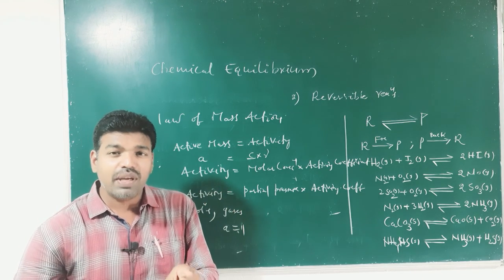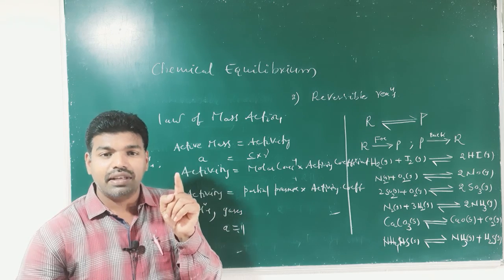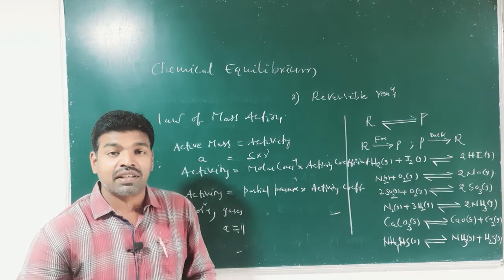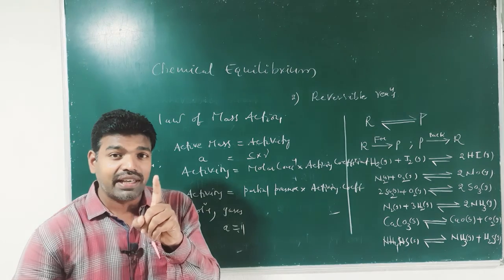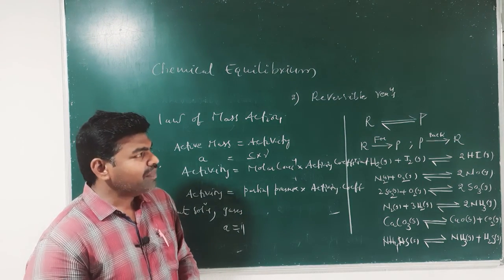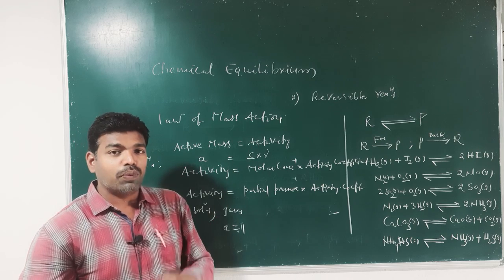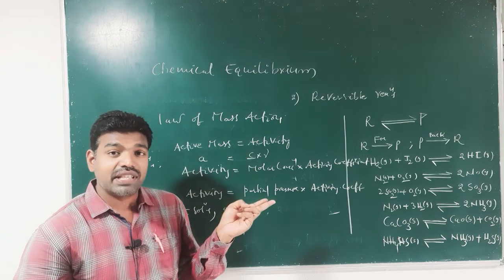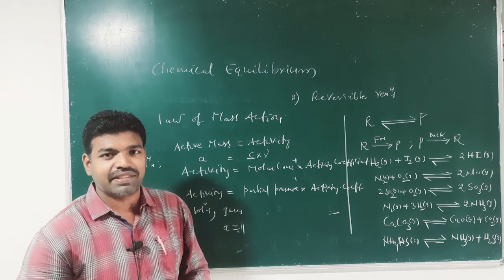So, if you want to establish an equilibrium in a reversible reaction, you should carry out that reaction in a closed vessel. And in that reversible reaction, two processes take place, a physical process and a chemical process.